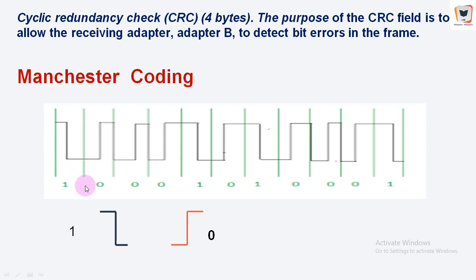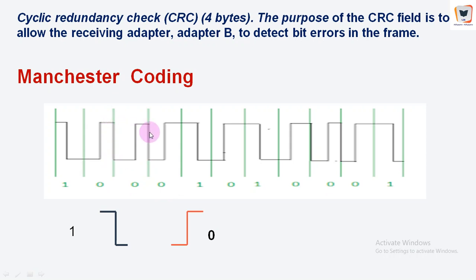Therefore, a bit pulse is divided into 2. So while representing 1, the energy goes from higher energy to lower energy, and here from lower energy to higher energy. And if there is a continuation of a similar kind of bits, that is 0 0 0, at every change there is a transition.